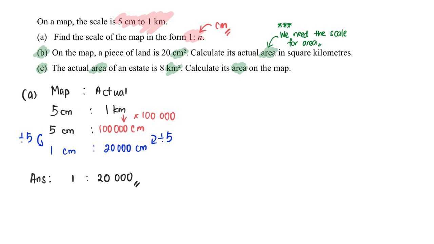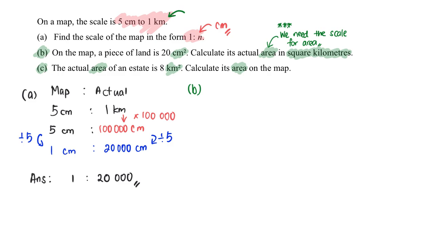So before even we start to calculate anything, I am going to determine the scale for area using previously what we have for 5 cm to 1 kilometer. Do take note also that I also saw that they give in kilometer square.